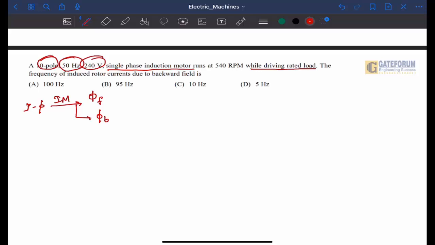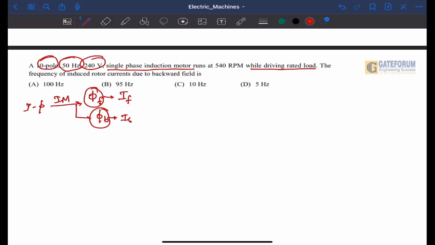Hence, both forward and backward working flux will not have the same slip. Due to the forward field and due to the backward field, separate currents will be induced: forward current and backward current.